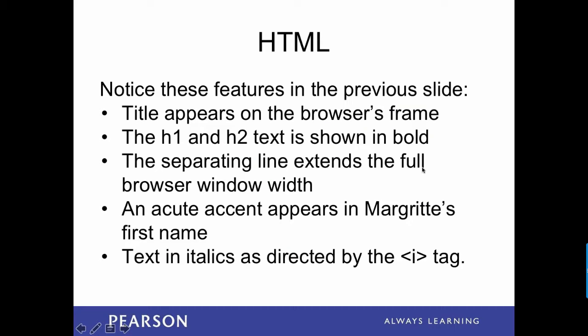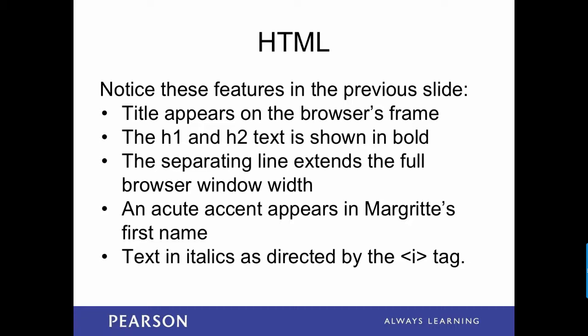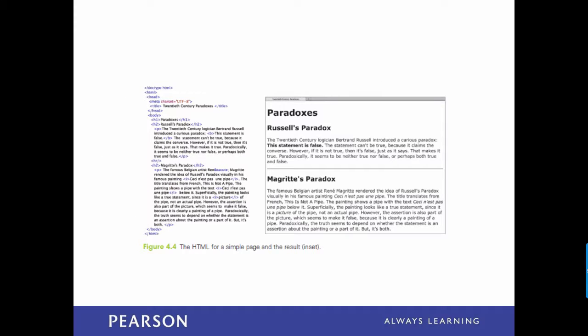An acute accent appears in Margaret's first name. So let's go back here. Where is it? Margaret's paradox. It says here an acute accent appears in Margaret's first name, so where is it?